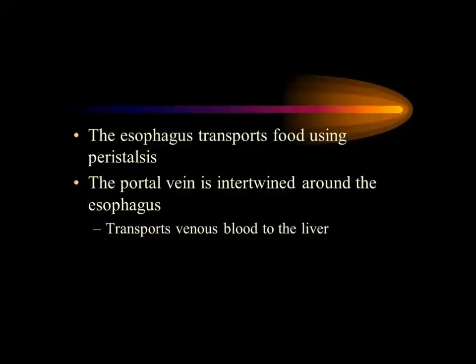It's a low pressure system that can actually back up from the liver, which expands the blood vessels around the lower esophagus. So what happens when those blood vessels break?